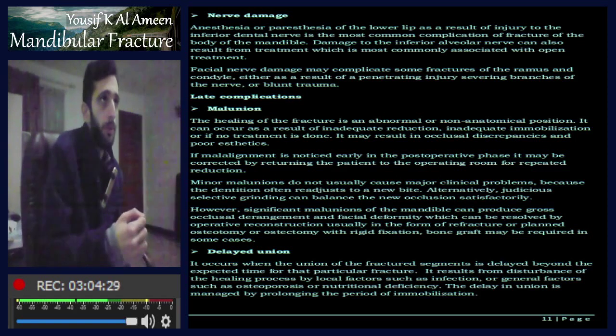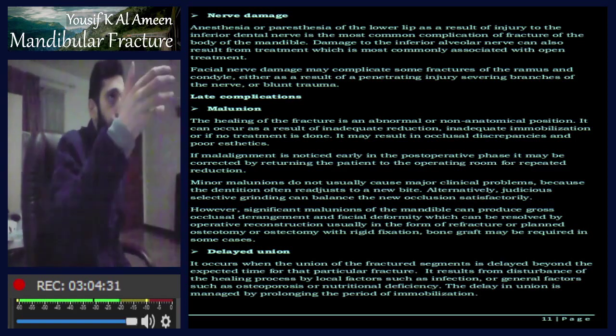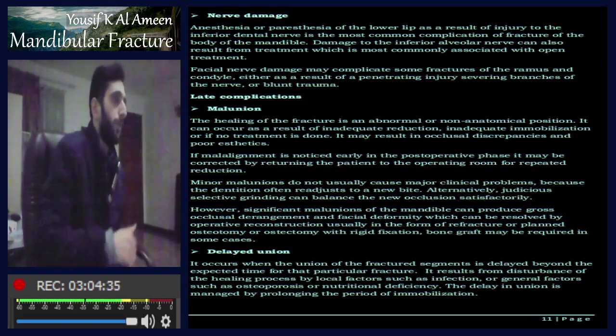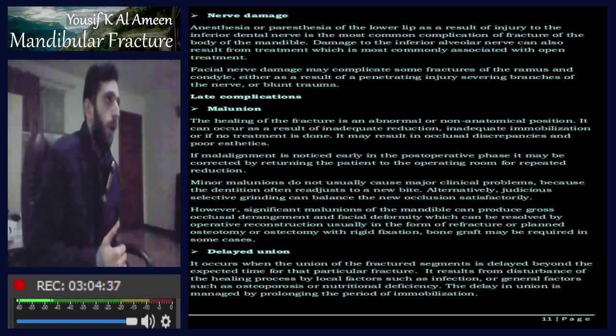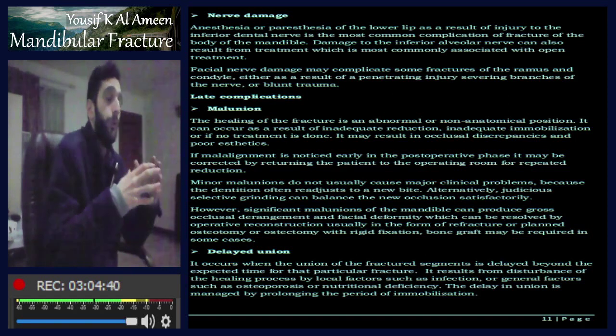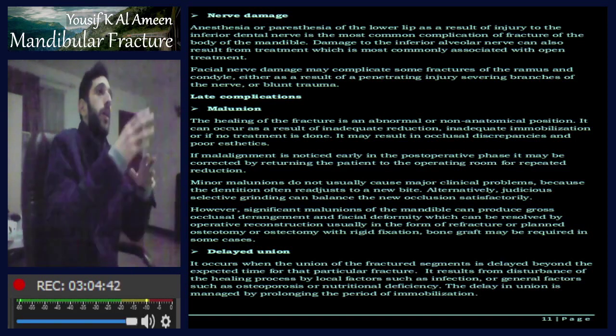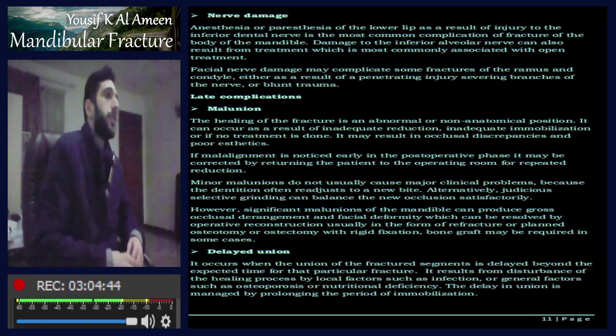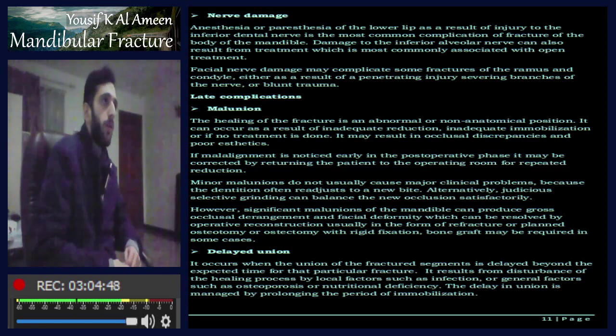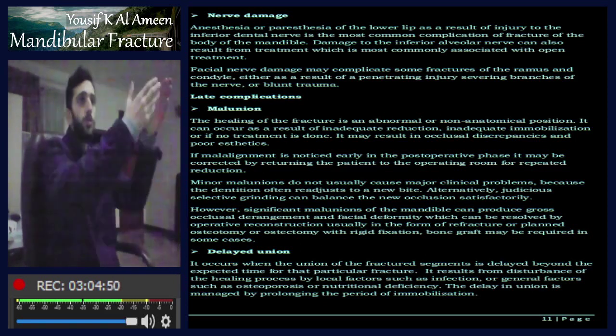Again, I will repeat this. Facial nerve damage may complicate some fractures of the ramus and the condyle, either as a result of penetrating injury, severing branches of the nerve, or blunt trauma.